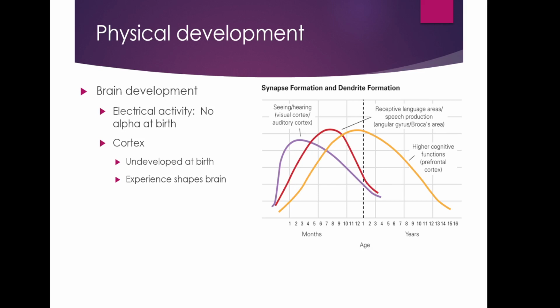Actually, you see some before the first month, right? Because a lot of this happens in the womb, especially for hearing. So you see all this cortical development in the very early part of the first year, and then it slowly drops off across the rest of the first year of life.